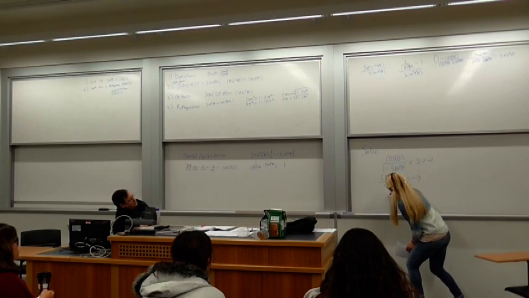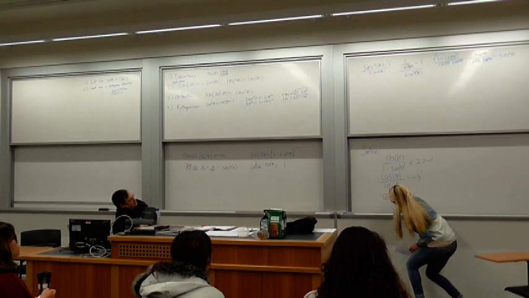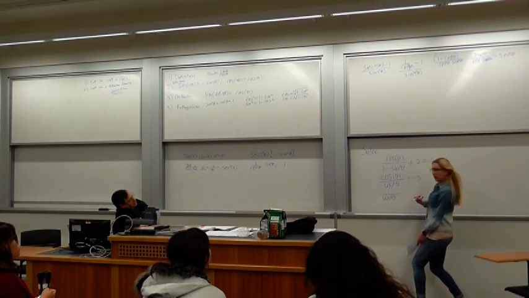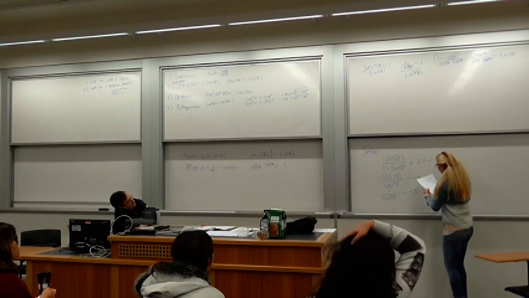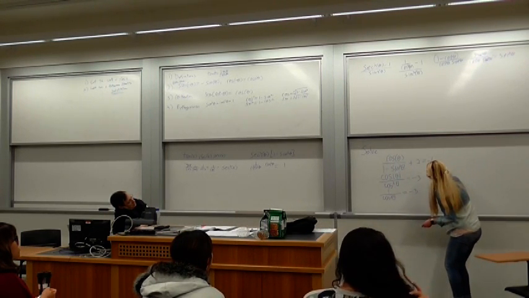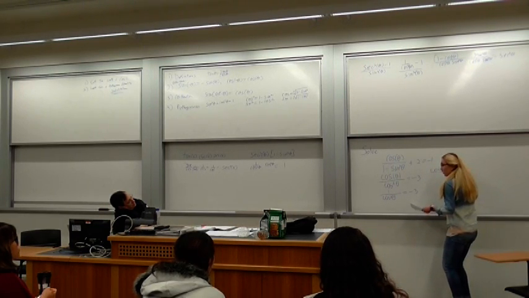So this is 1 over cosine theta, right? And then it's -3. And then we move everything on that side. So it's cosine of theta equals -1/3.